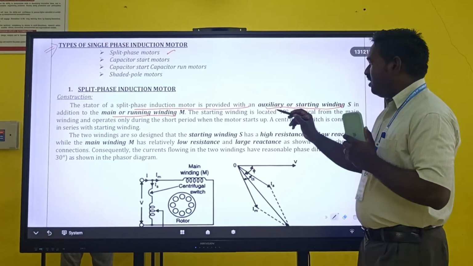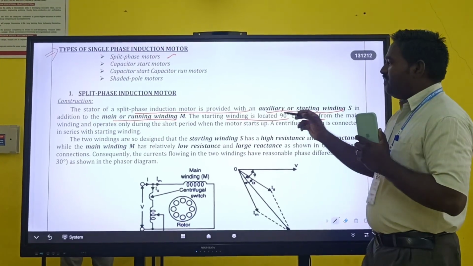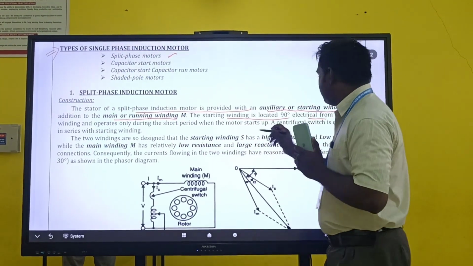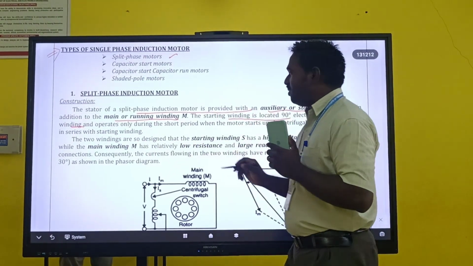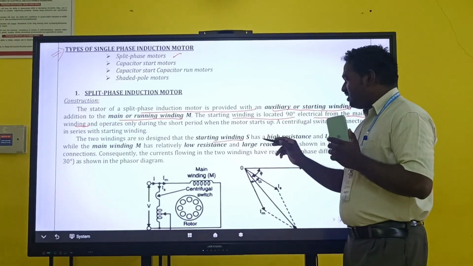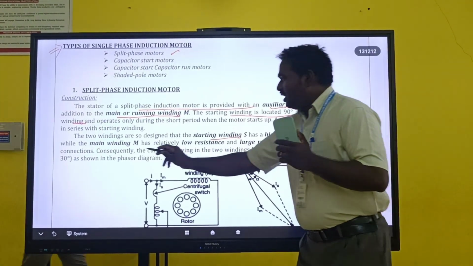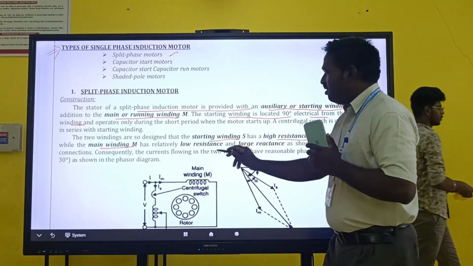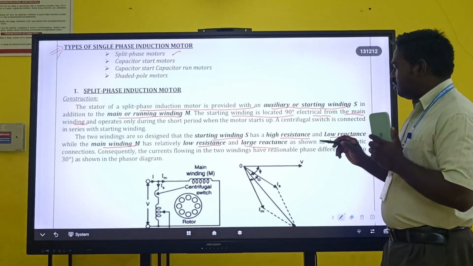Here the starting winding is 90 degrees with respect to the main winding during the operation. The starting winding has high resistance and low reactance, and the main winding has low resistance and high reactance.